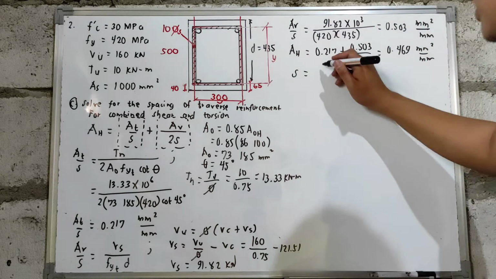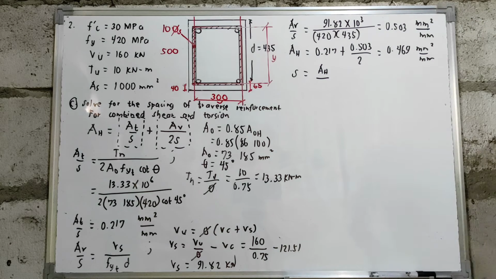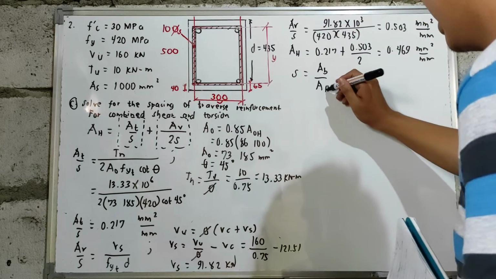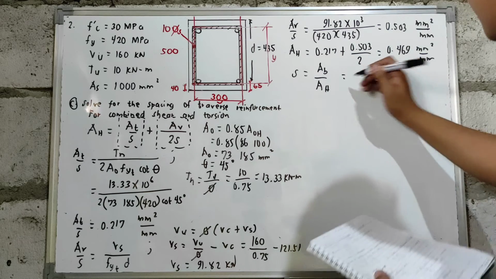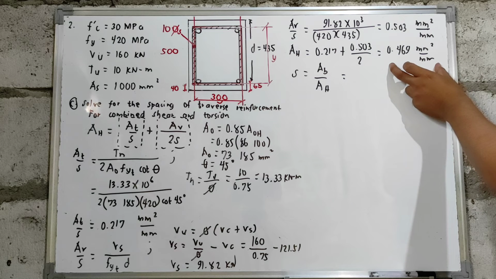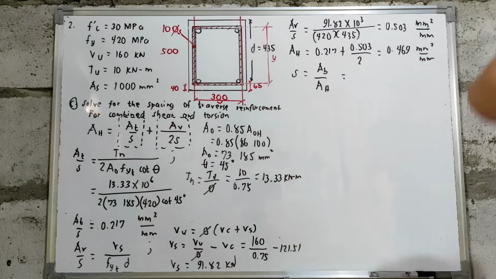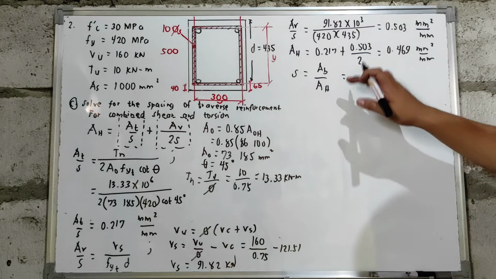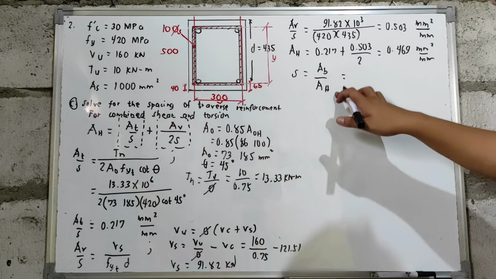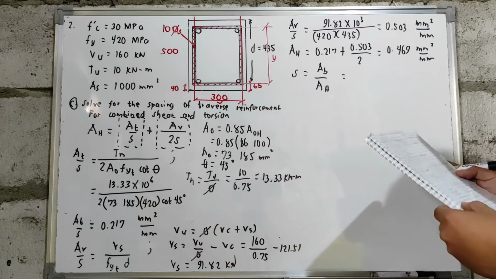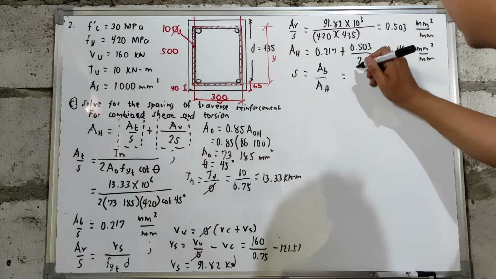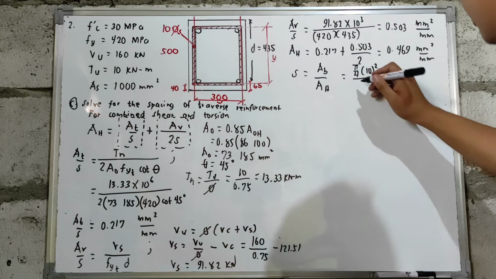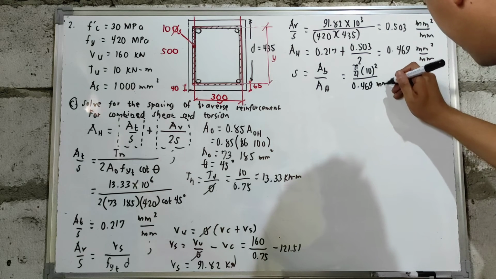We take our total area and divide, but it is the other way around: the area of one bar that we will use, we divide that by the total area. Sir, why is it reversed? Because if we look here, this is area over spacing. The spacing is in mm, and we have mm squared per mm. So, for only mm to remain, we divide our AB by the value of your total area. Let's say the bar we will use is 10, since that is the diameter given, 10 mm. And then our total area is 0.469 mm squared per mm.